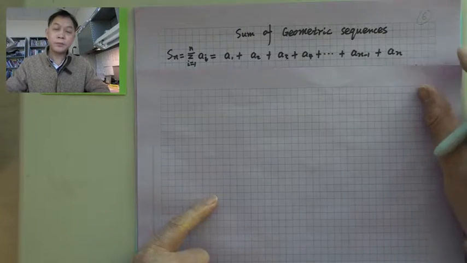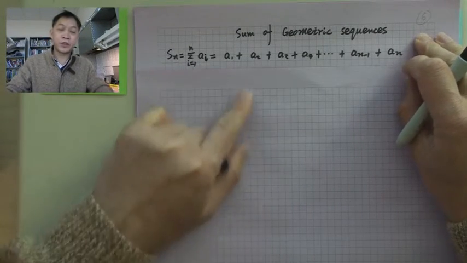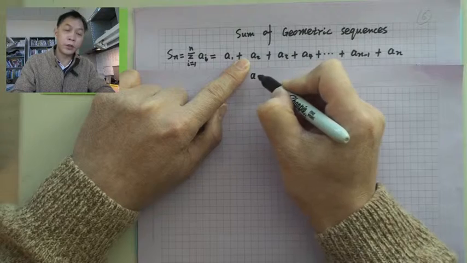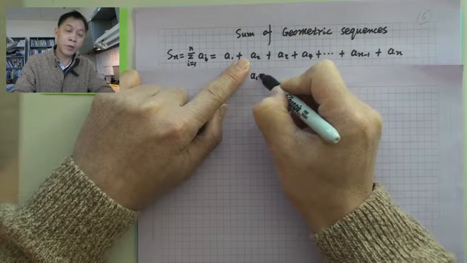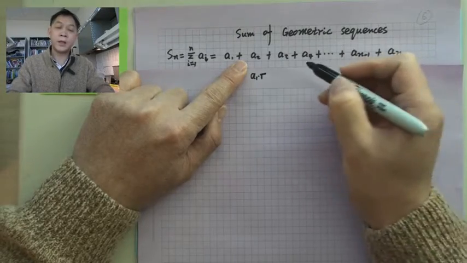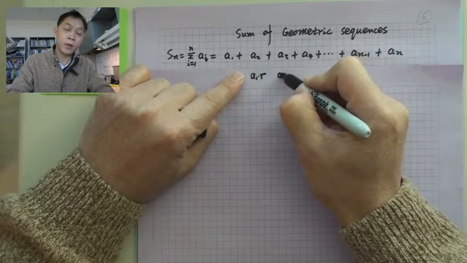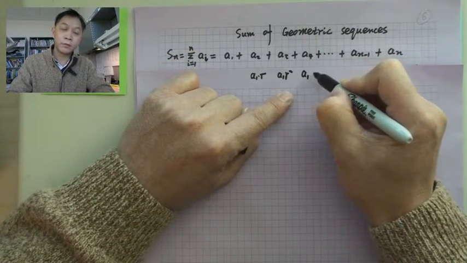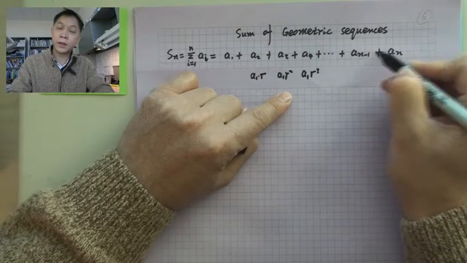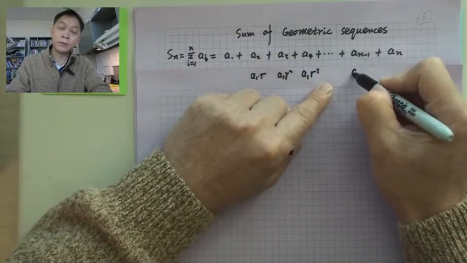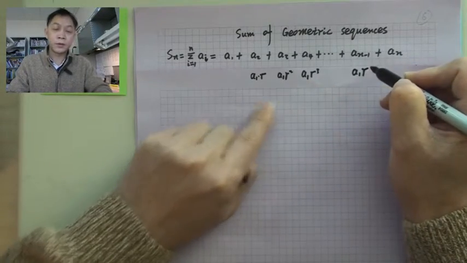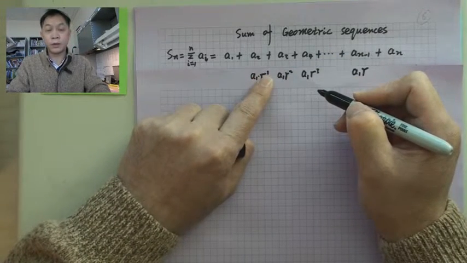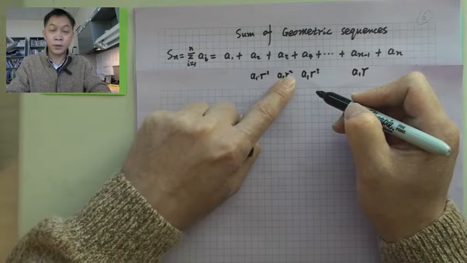Now, we know a geometric sequence is such that A2 is A1 times r. A3 is A1 r squared. A4 is A1 r cubed. And A n minus 1 is A1 to the, you see down here. Remember, for A2 the exponent is 1, then 1, then 2, you get 3.